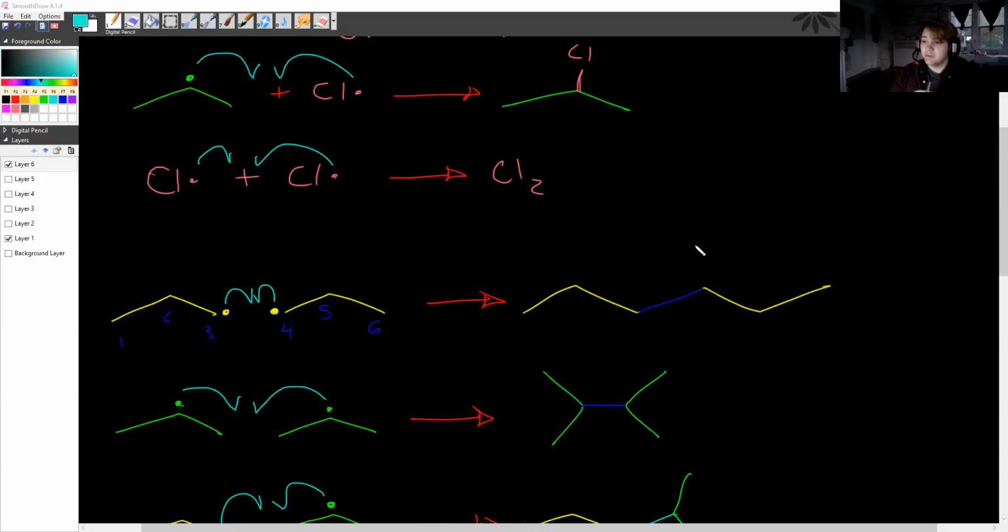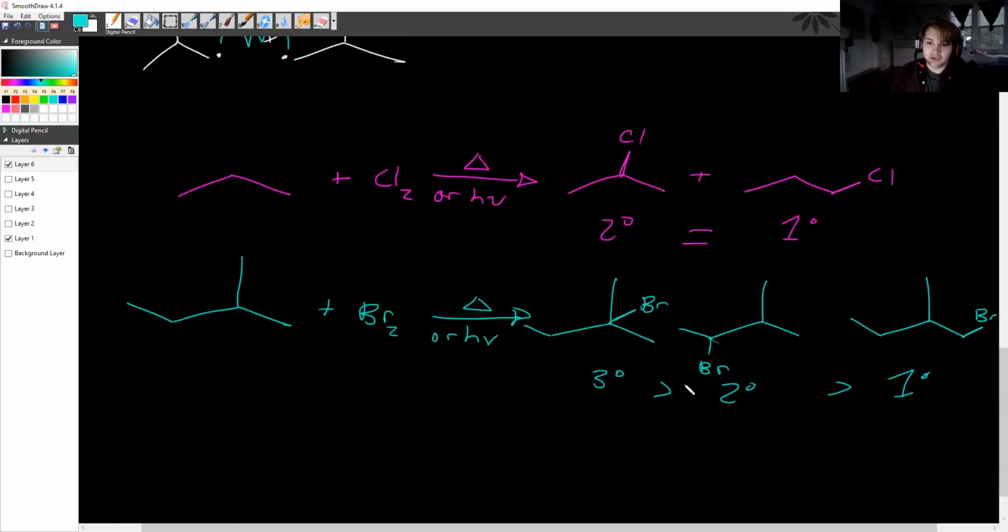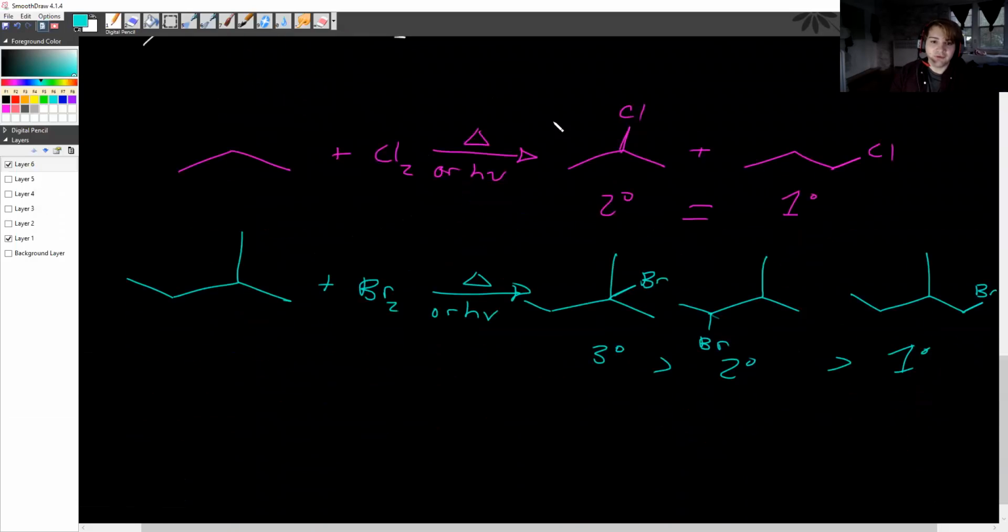In which case you have to go back to the idea of what's favored for chlorine and what's favored for bromine, and make sure you're showing what it's going to be. For chlorine, it's going to be about equal mixtures. And for bromine, you're going to choose tertiary over secondary over primary. Okay.